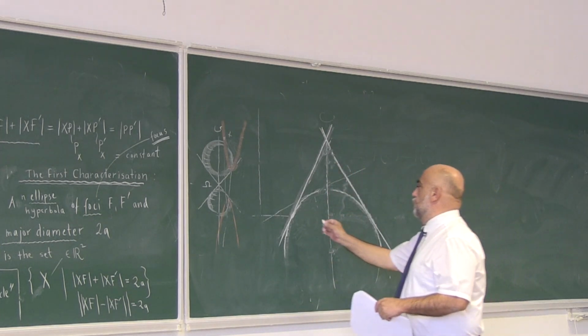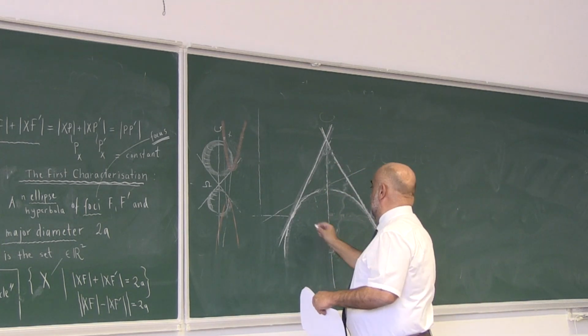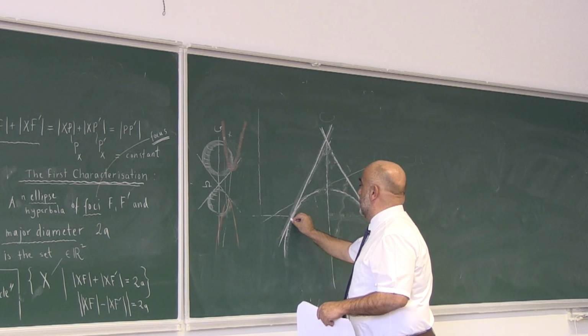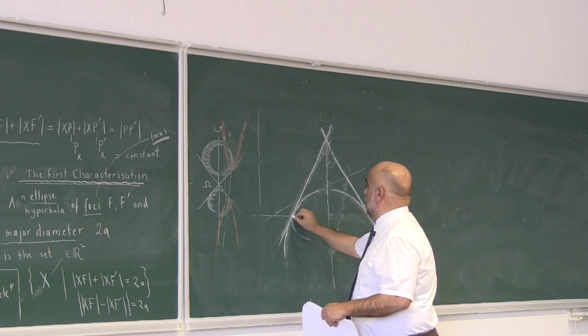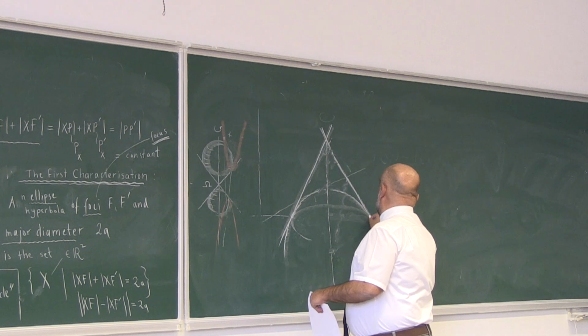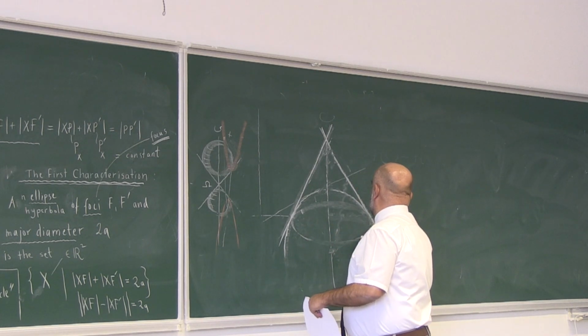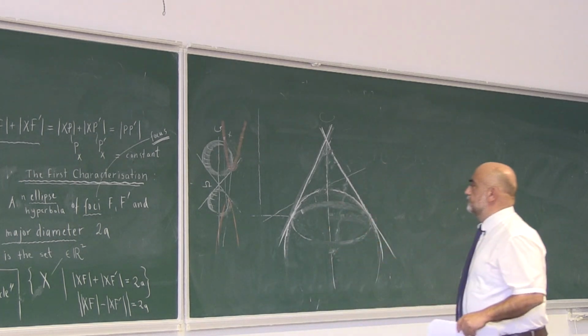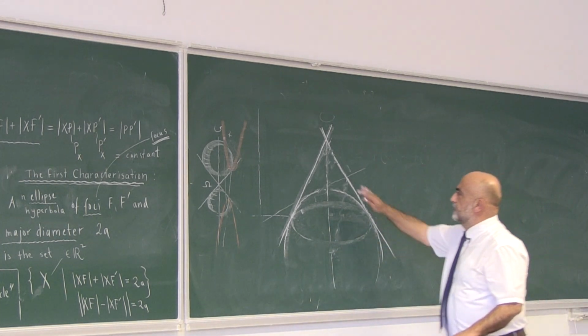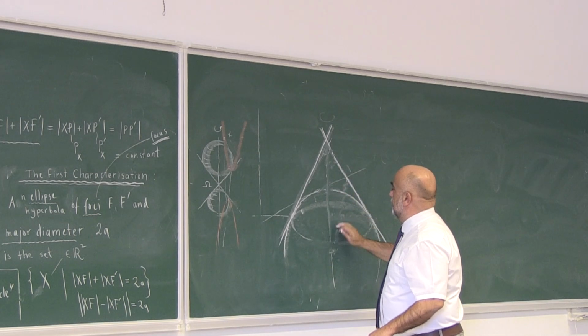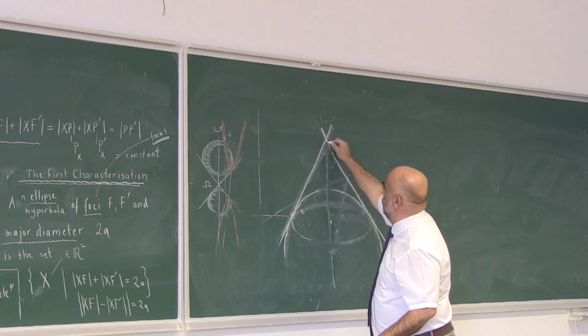Okay, and of course the sphere touches the cone in a circle which will possibly look like this. I shall make it more precise in a minute. The center of the circle will be important.